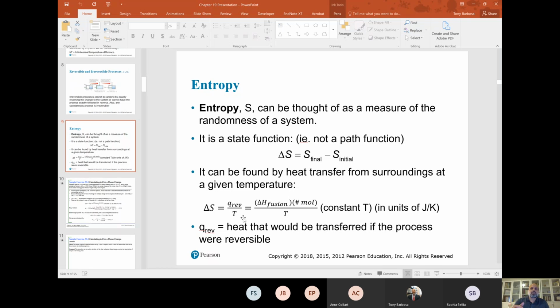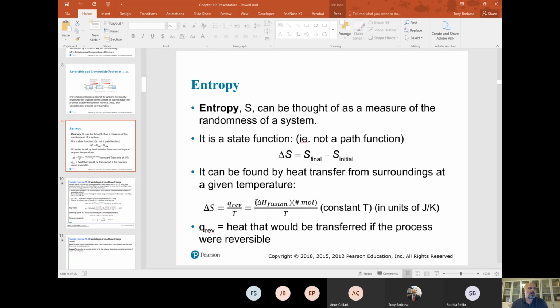The reverse is just the reverse of the direction that the system would be working. Typically the system would be transferring energy to the surroundings. And what we're doing with Q reverse is measuring the heat that would be transferred back from the surroundings to the system. That's all the reverse means.